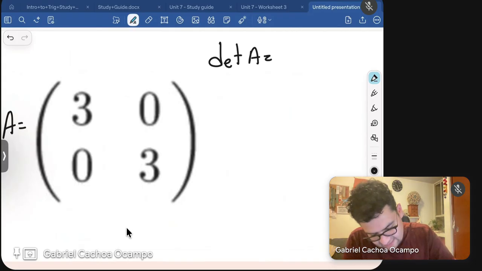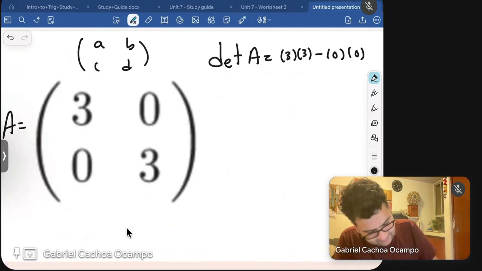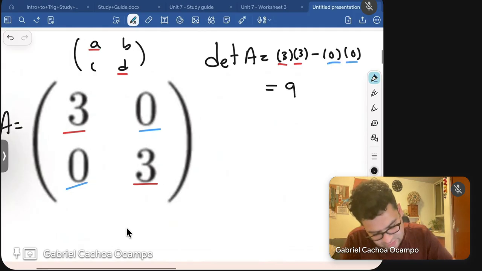It is 3 times 3 minus BC, because remember that it is A, B, C, D: AD minus BC. So the determinant in this case is 9, which means that this matrix is a dilation.